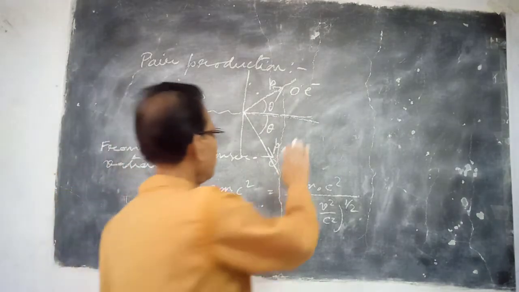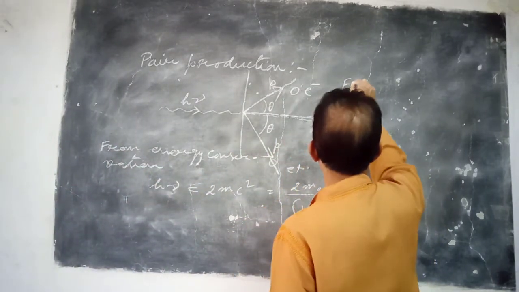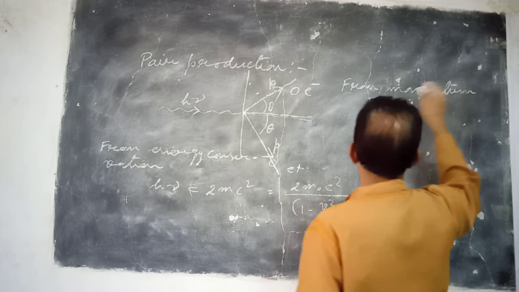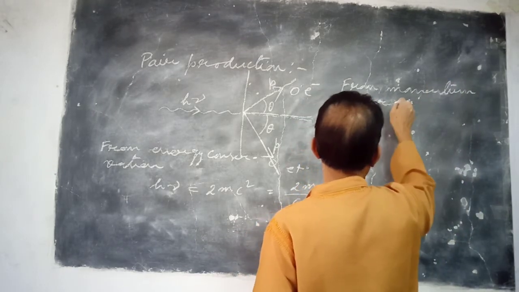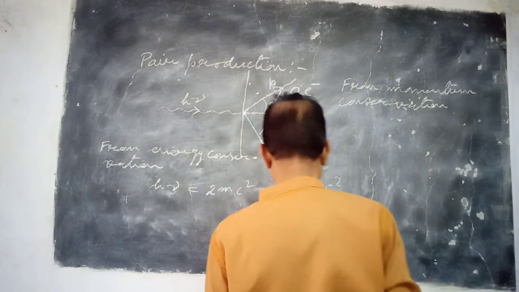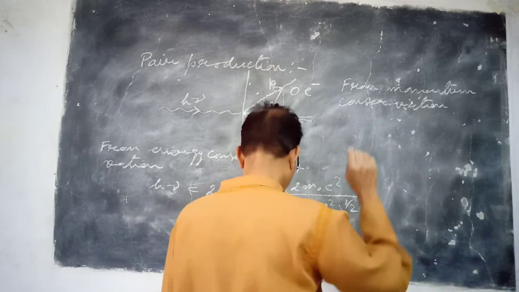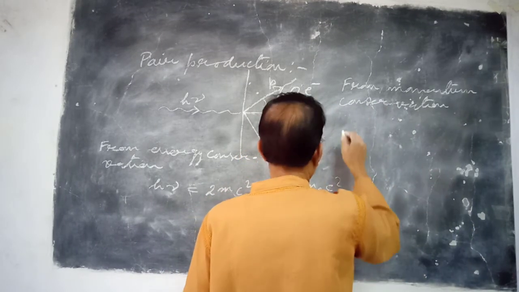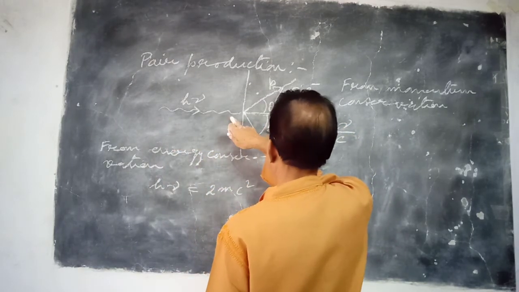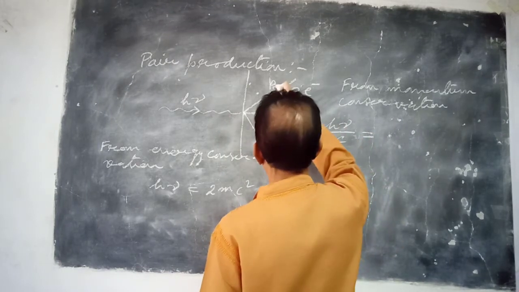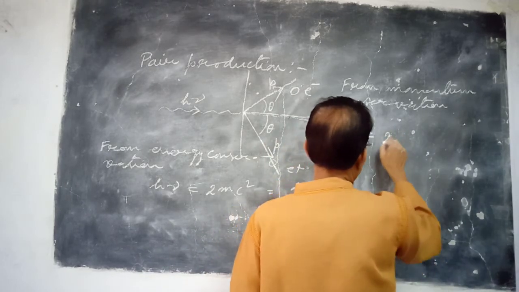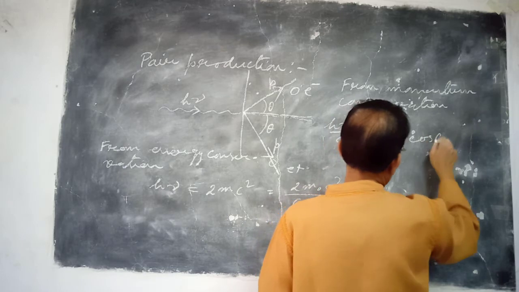From momentum conservation, along this direction and perpendicular to this direction, h nu by c, the initial momentum of the photon in this direction, will be equal to the momentum of this and the momentum of this, that is, twice p cos theta.